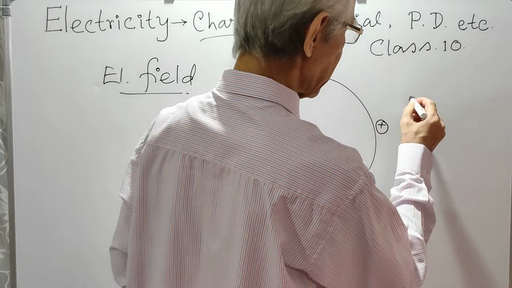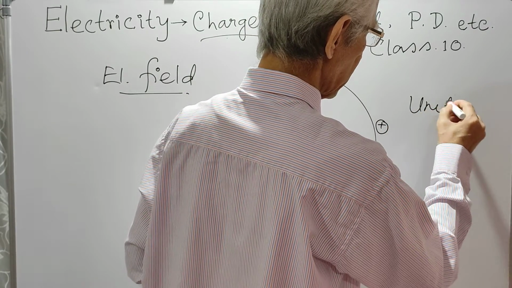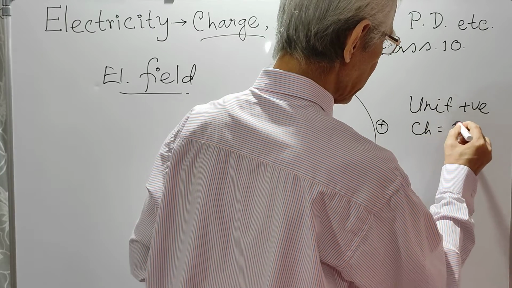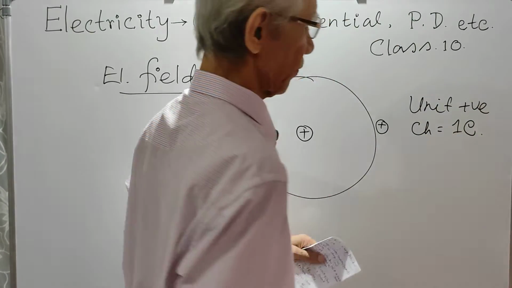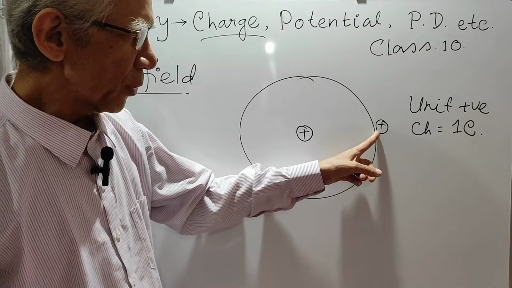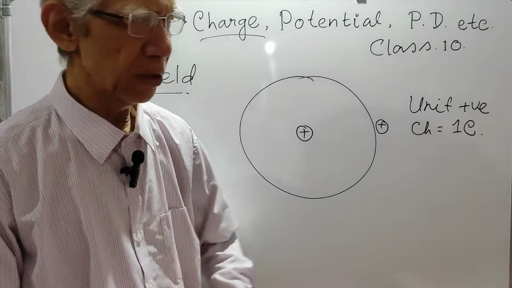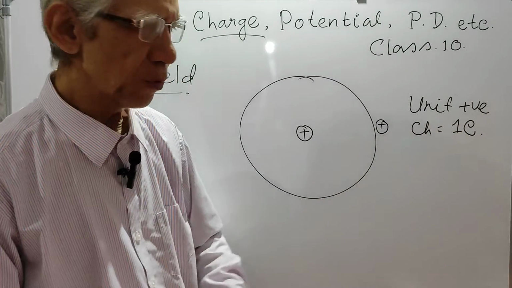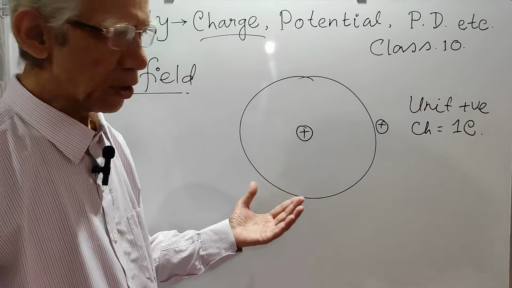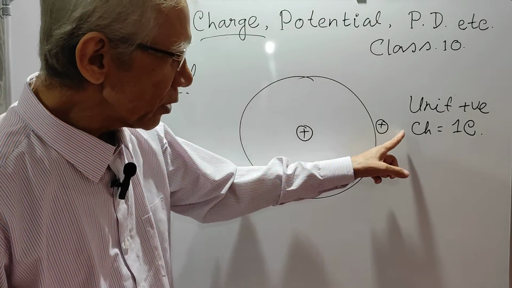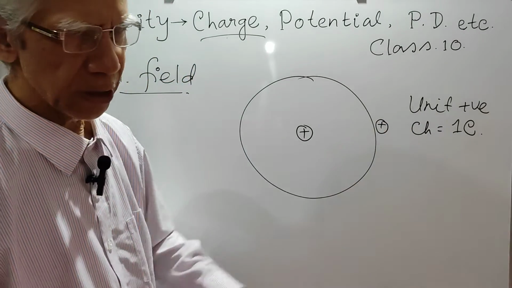When you say unit positive charge, we mean 1 coulomb of positive charge. Unit means 1. Capital C is the symbol of coulomb. So coulomb is the SI unit of charge, already explained. Now suppose this is a unit positive charge, that means 1 coulomb of positive charge.